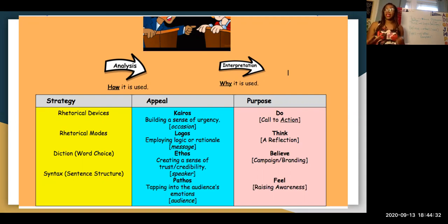Is this some kind of campaign or branding that they're involved in? Because remember, ethos appeal, or believing, is all about believing the speaker. Like, I need you to believe who I am so that you can believe whatever it is that I say, right? So is it that kind of thing?